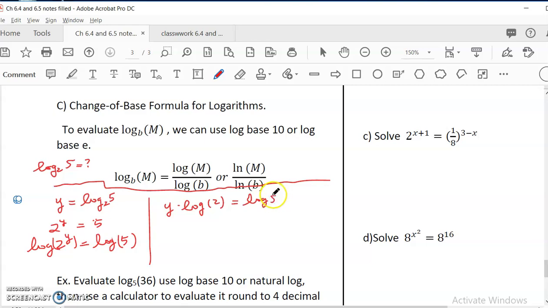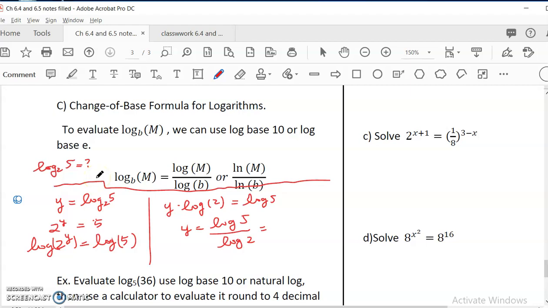This log is base 10. So y equals, this is just a number, log base 10 of 5 over log base 10 of 2. You can use a calculator to find it, and that's exactly log base 2 of 5.